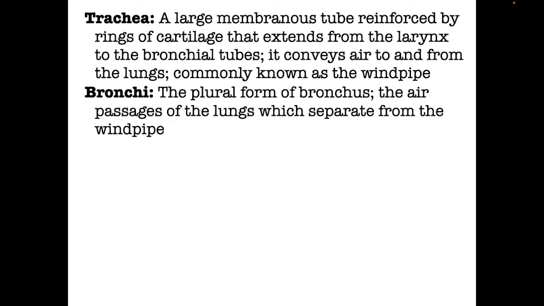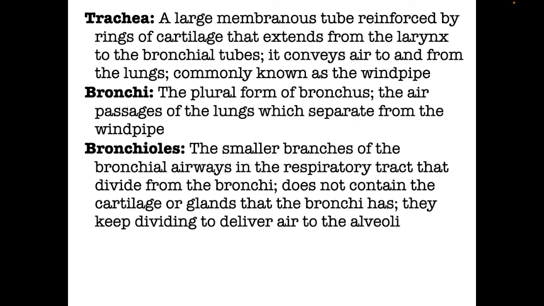The trachea is then going to branch off into two bronchi. Each one is called a bronchus, and these are the air passageways to the lungs that separate from the windpipe, or the trachea. So the trachea goes down and then separates into a left and right bronchus.